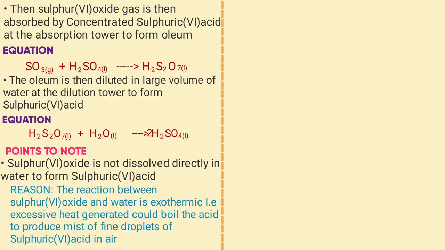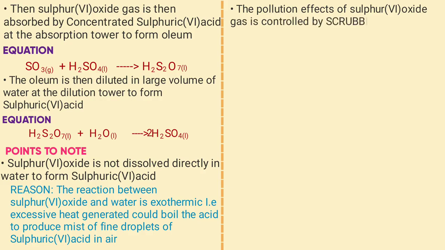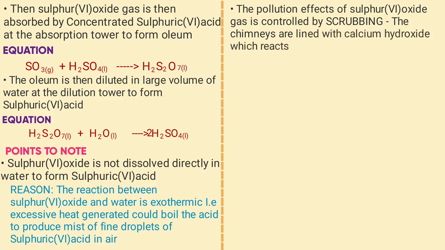Point number 2, the pollution effects of sulfur oxides are controlled by scrubbing. That is, the chimneys are lined with calcium hydroxide, which reacts with sulfur oxides to form calcium sulfite and water.